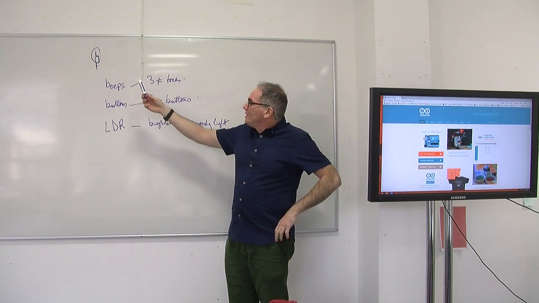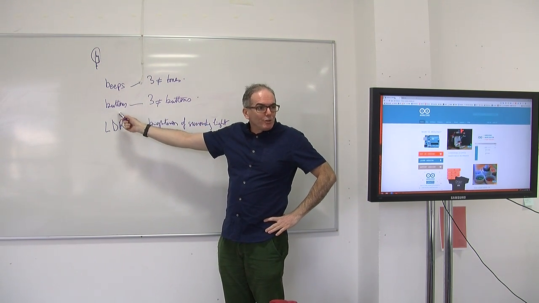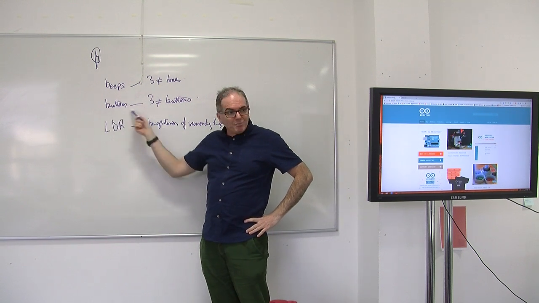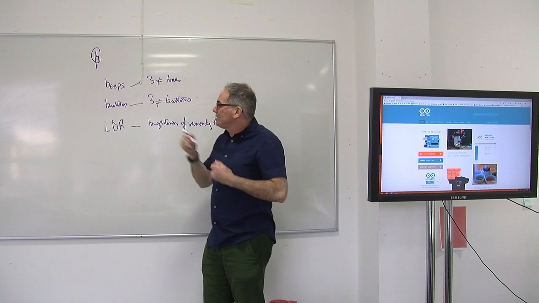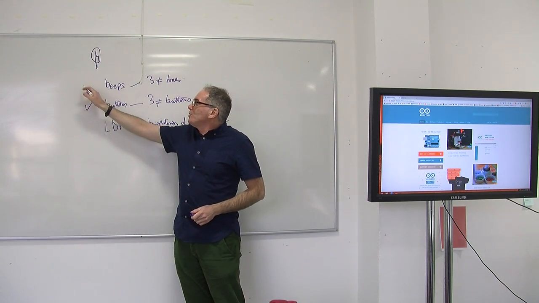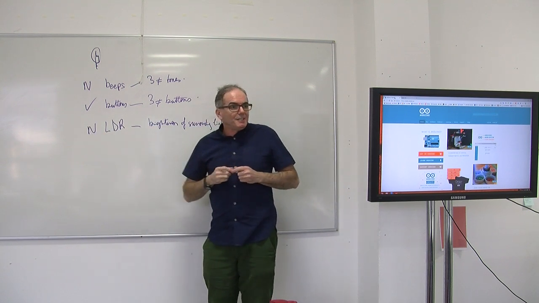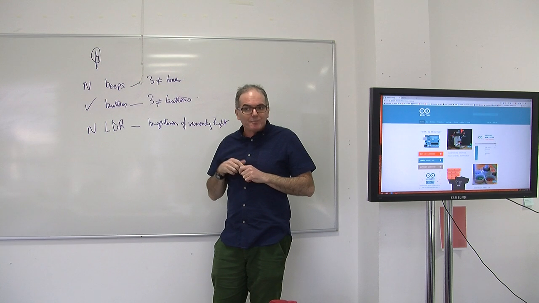We know that beeps and buttons, we need to search for resources about that. We've done the exercise with the buttons, so you guys are familiar with it. These two are the new ones, but as always, we're going to be lazy and see if there are resources available.